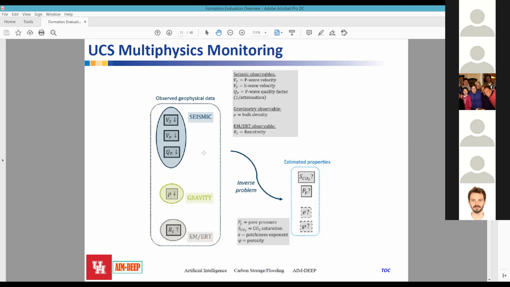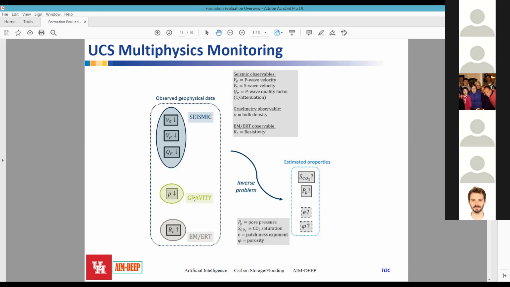So let's assume that we are injecting CO2 into a saline aquifer. We're expecting some decrease in the density. If you can see my cursor in the gravity section here, the change in the density means we expect the gravity measurements to change.